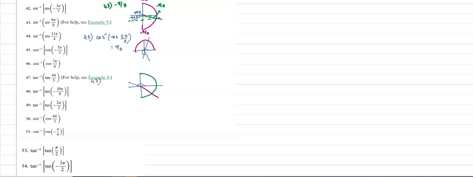Remember this whole thing is pi, right? And out of that 4 pi over 5 is already taken, which means this angle has to be pi over 5. But because I'm writing it as a negative angle, it is going to be negative pi over 5.